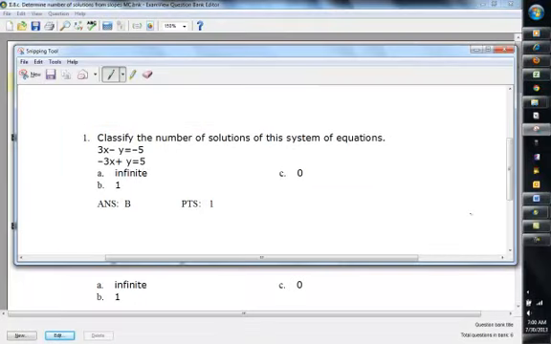In this first case, the slope of the first equation is 3 over 1, because you change the sign. The second equation is negative 3 over negative 1, which is the same 3 over 1. So they have the same slope.